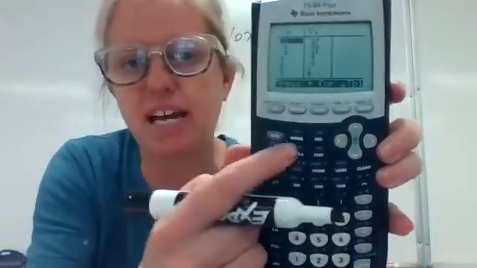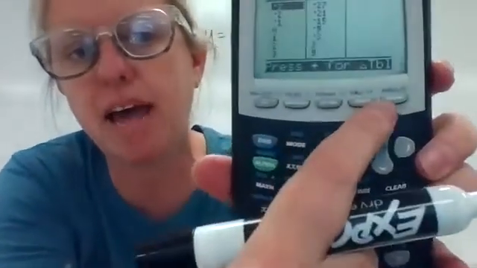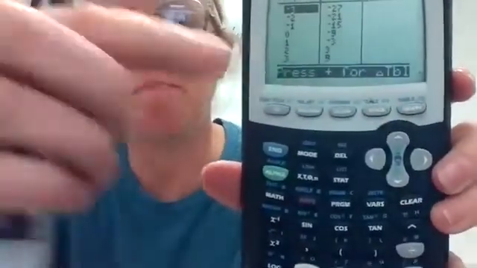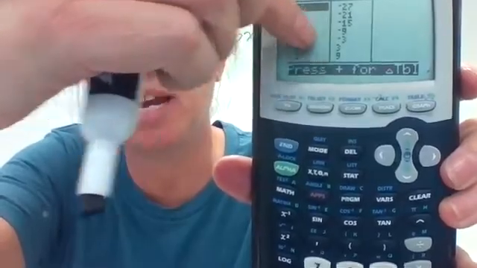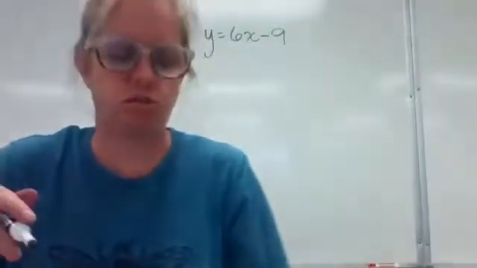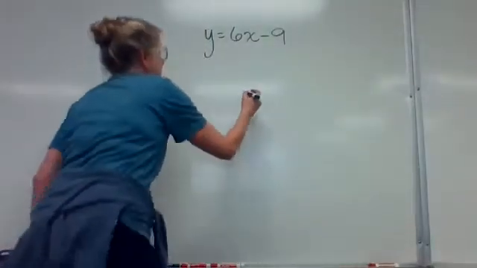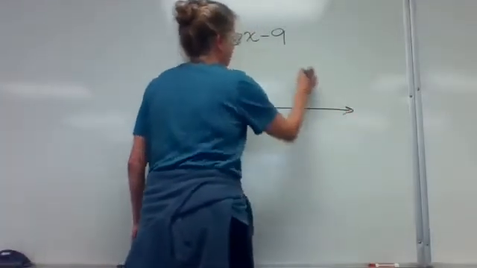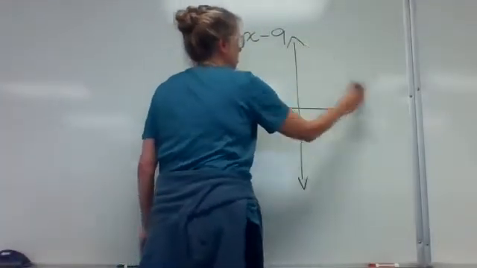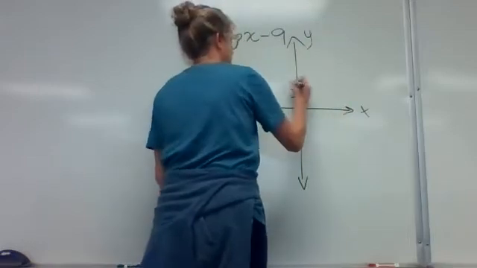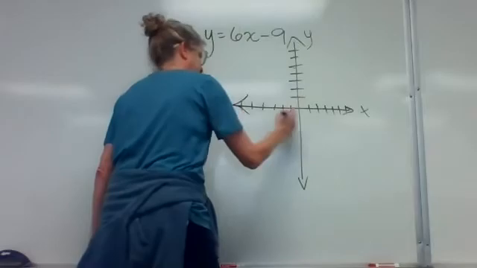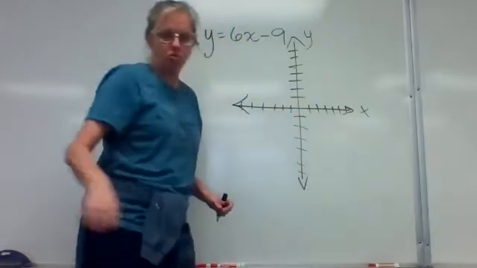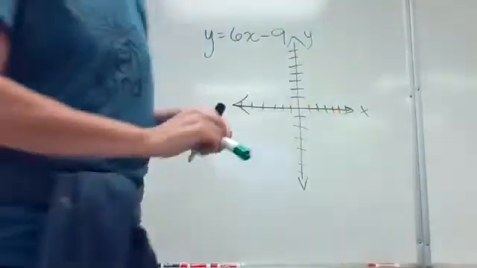So I'll just hit my second button and then my table button and pick any points. Let's see, I'll pick 1, -3, and 2, 3. So 1, -3, and 2, 3.